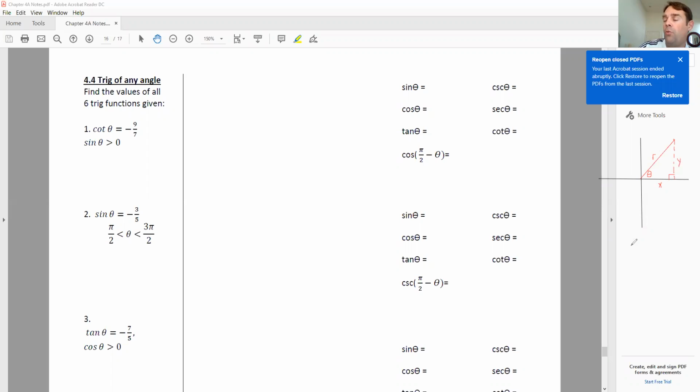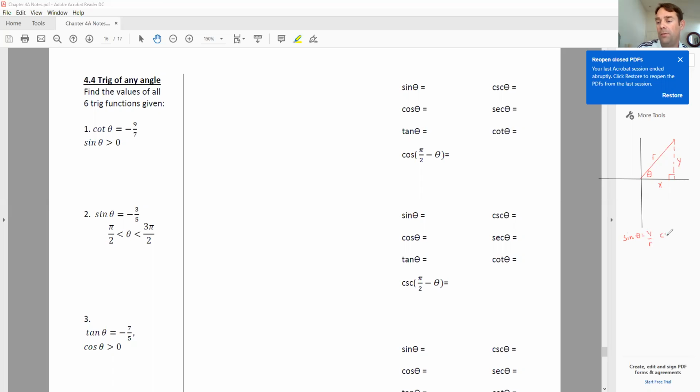On the unit circle, the y is sine, the x is cosine. But if it's not on the unit circle, in other words, when the radius isn't 1, then it's a little bit different. Then we've got to do a little bit more work. So sine of theta would be y over r.